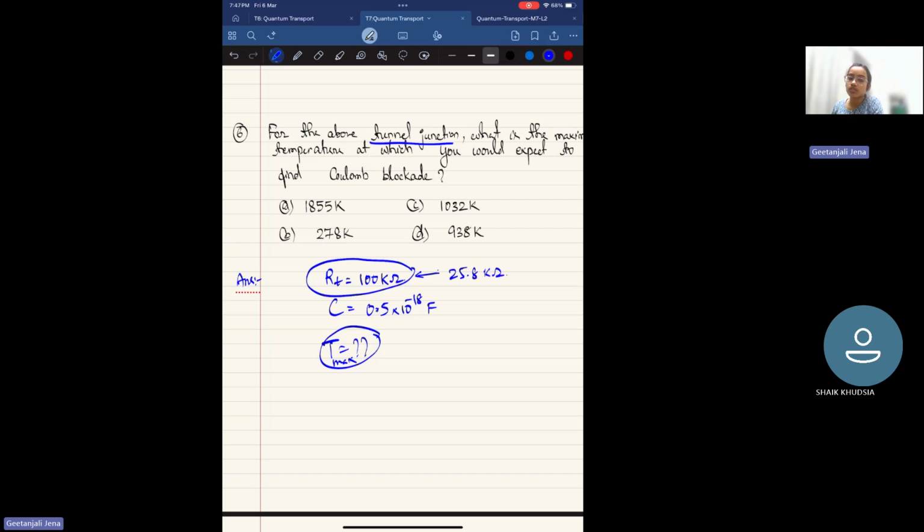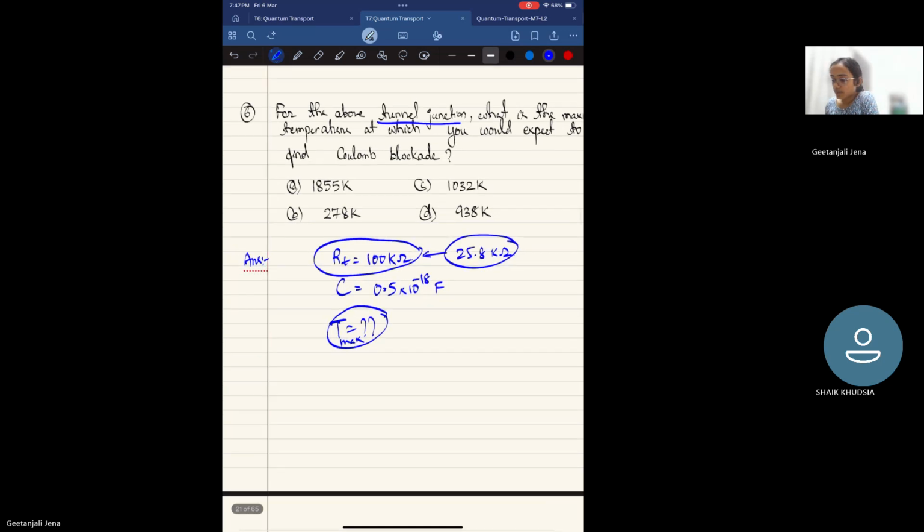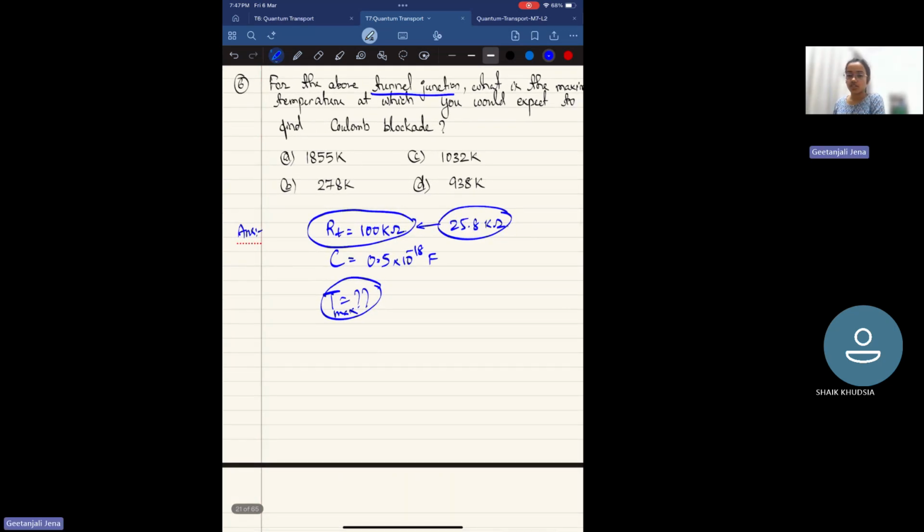So that means it's possible to see the Coulomb blockade effect. So always cross check this condition before solving the problem. So what is Tmax? It's quite straightforward. You just need to check the first condition that is required for Coulomb blockade effect.